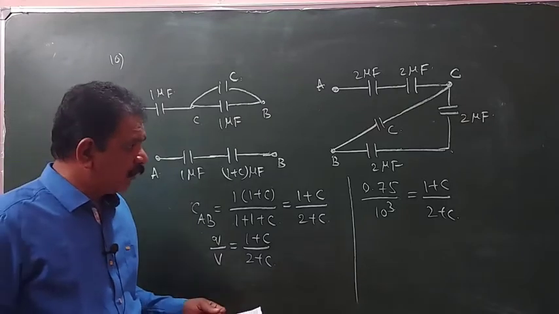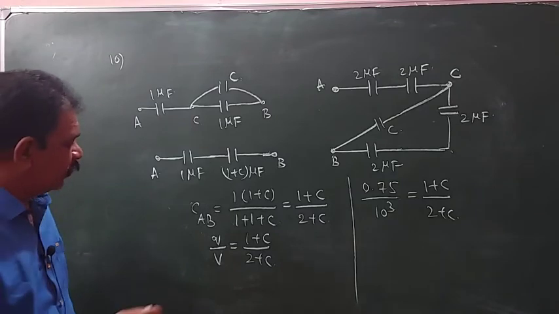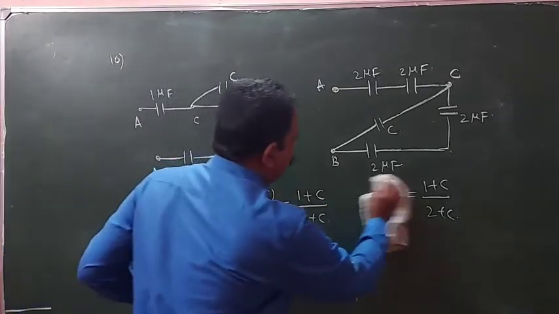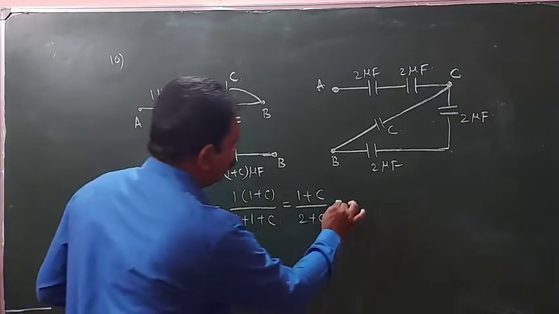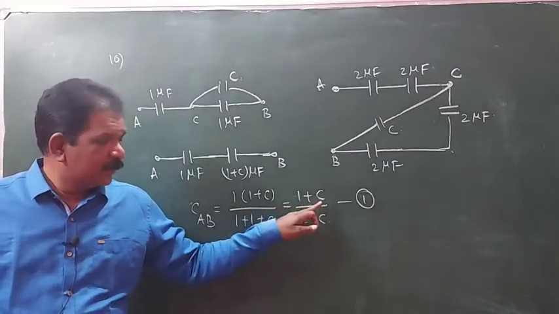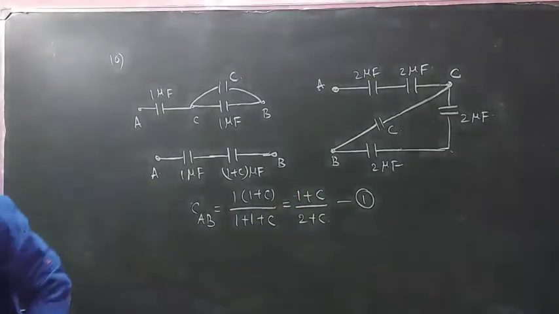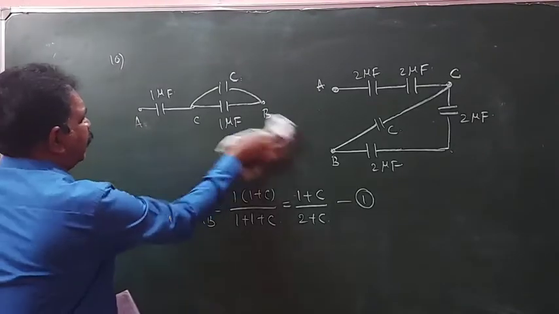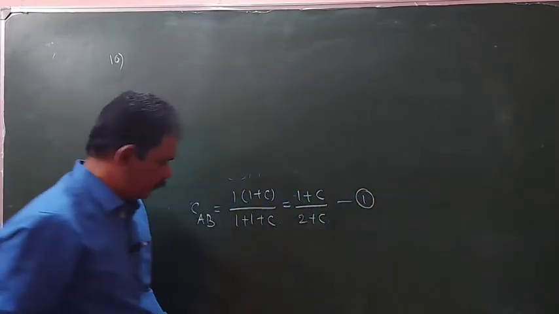So if we calculate this one, we will do one thing here. Okay, you keep this one like this. Actually, this is 1 microfarad. C value will also be in the same way. That's why we will do one thing. We will separately calculate. Directly substituting, a little bit of confusion will come.